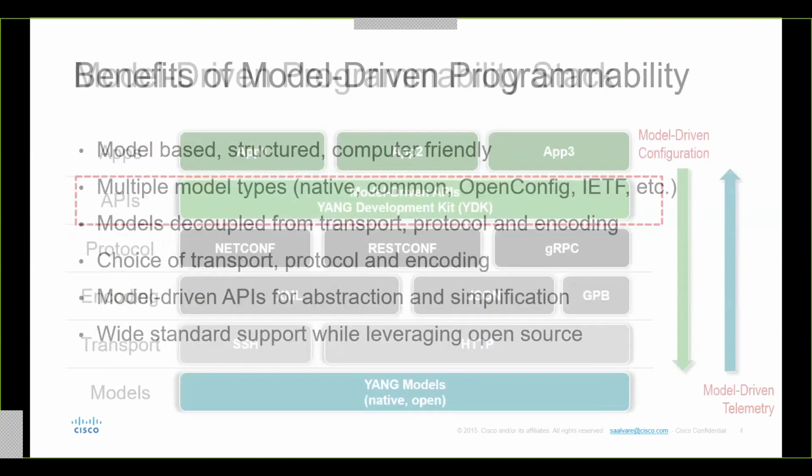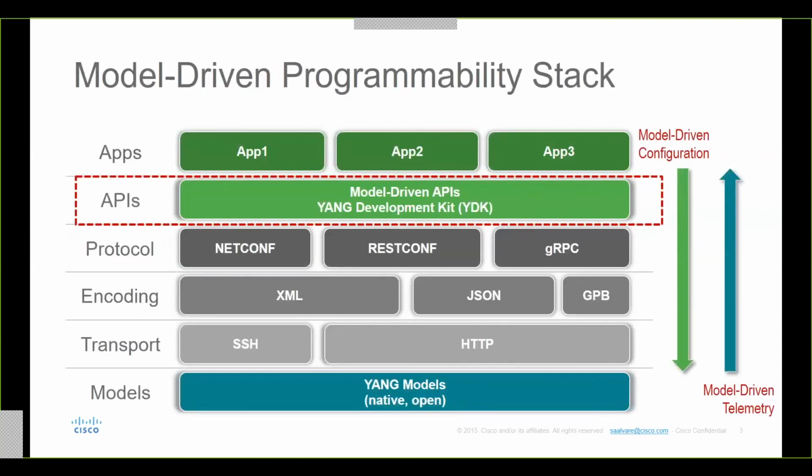Let me go back to that diagram, for those of you who are curious. All the stuff that I'm showing here is available, with the only exception of RESTConf. We have an implementation of RESTConf, but we haven't released it due to less than expected customer interest. We did the development work, and because we haven't had a lot of customers yelling and screaming for the functionality, we didn't release it.